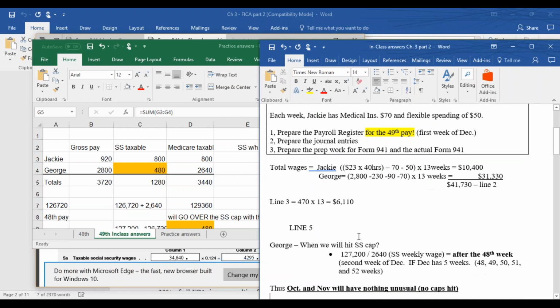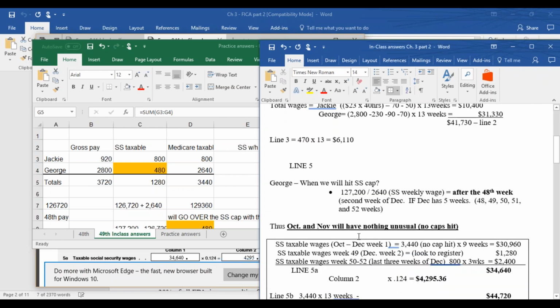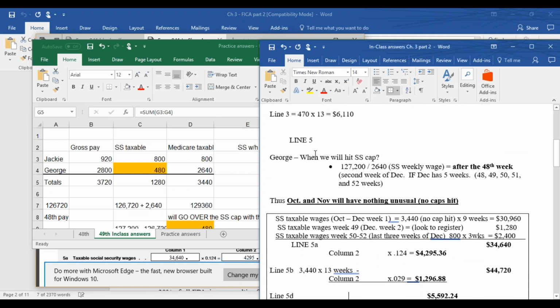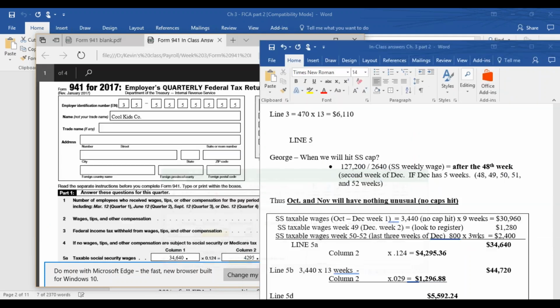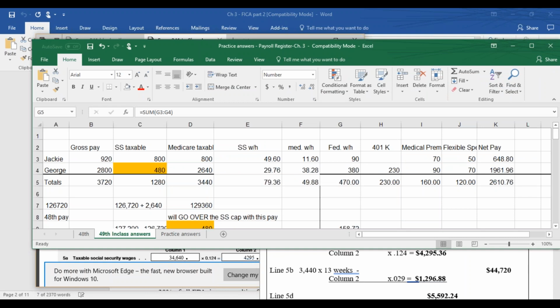Now's where the hard stuff starts coming in when we get to the Social Security because of the cap being reached. If the cap wasn't reached, Social Security would be easy as well. Now, the first thing we need to know is when did we reach that? Well, by doing this payroll register, we found out we hit it in the 49th week. And we could have also just done some division. Let me pull that back up.